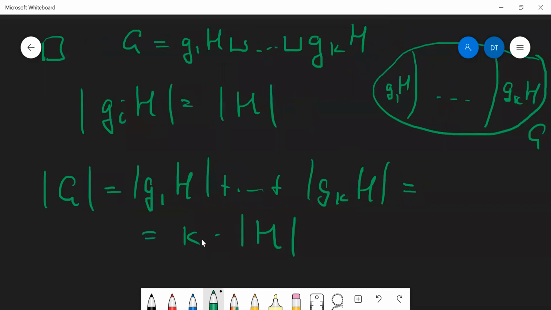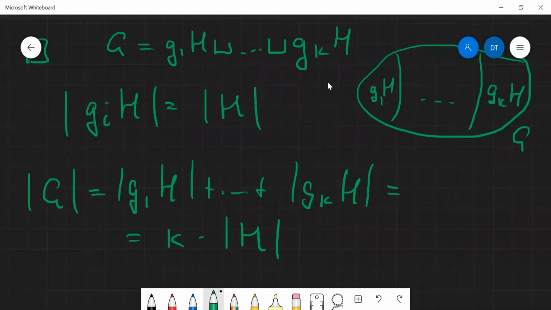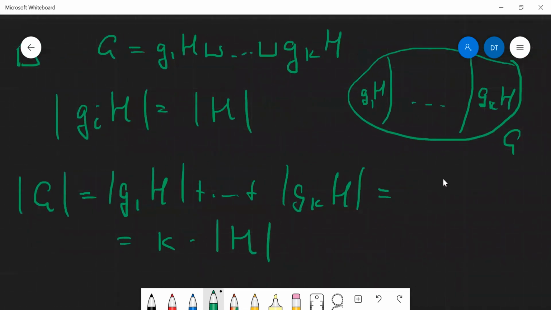But from the choice of K, K is exactly the number of distinct left cosets of the group H inside G, because we know that every other coset either does not intersect any of these, but this is impossible because they cover the whole G, or it coincides with at least one of them.